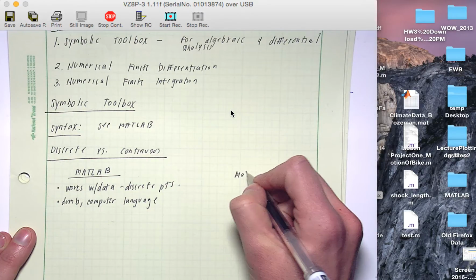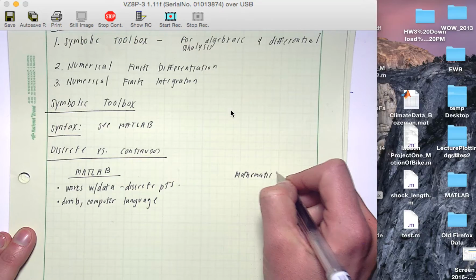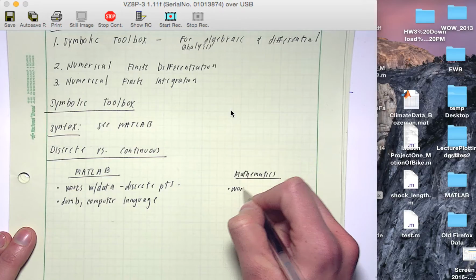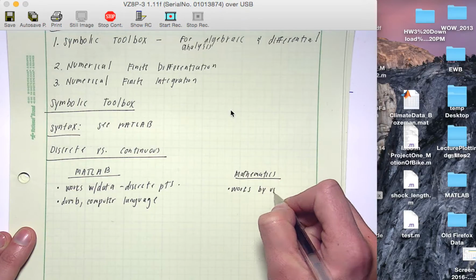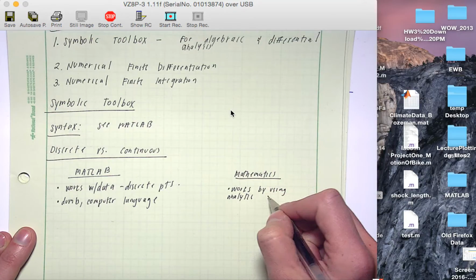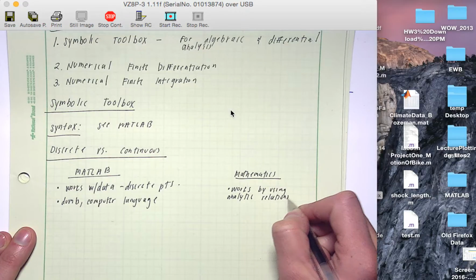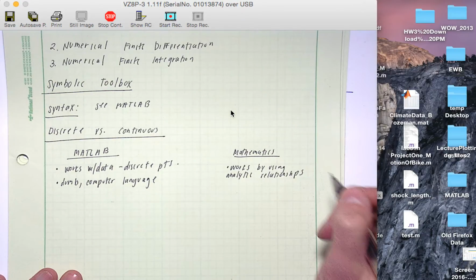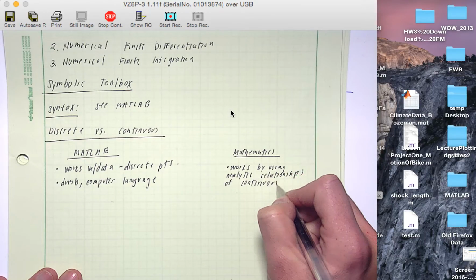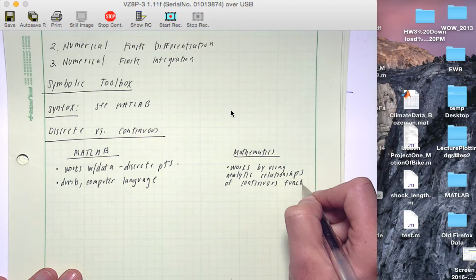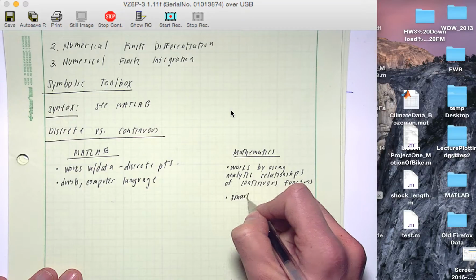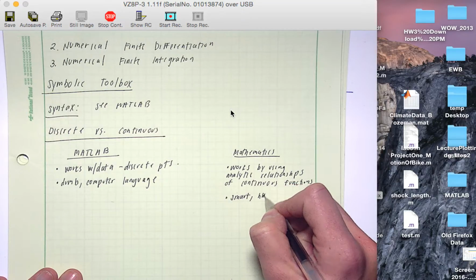Whereas mathematics, which is what we're trying to have MATLAB be able to do, is all communicated through analytic functions and relationships. And all of the functions are continuous. They don't have points associated with them. And mathematics is really, really smart and very, very difficult.